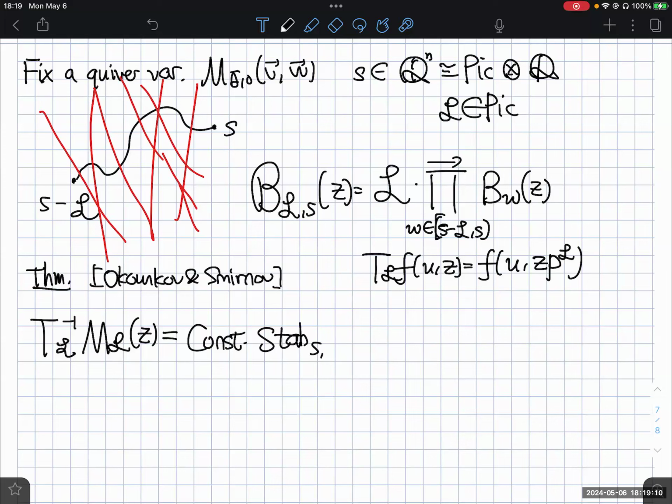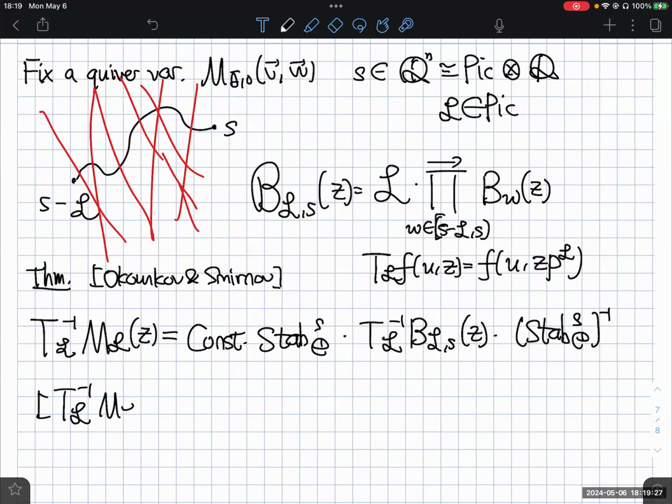And this conjugation is given by the stable envelope of slope S. Another thing is that these operators construct a holonomic system over the Picard torus.